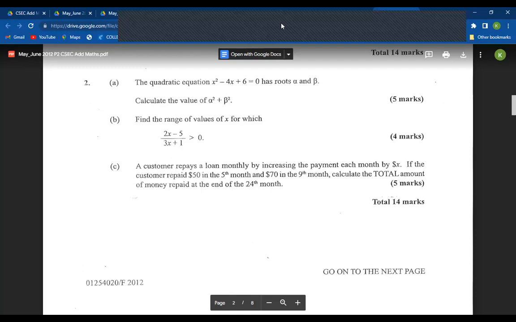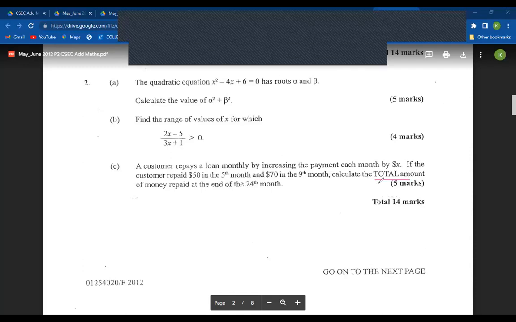So they asked for the total amount. The minute you see that word total, you know for sure they're referring to this Sn thing. What's the value of n? Well, they asked for the end of the 24th month, so I'm really trying to find S24.